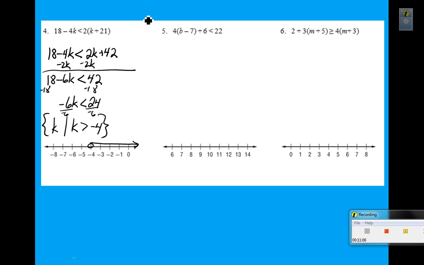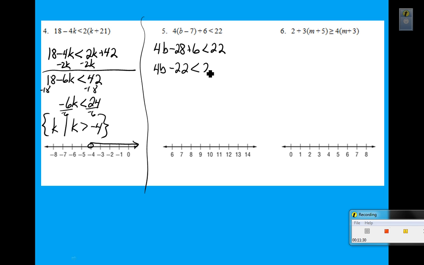Here's my number 5. Let's distribute first, of course. I've got 4b minus 28 plus 6 is less than 22. Combine like terms, so I've got 4b minus 22 is less than 22. Let's add 22 to both sides and get 44.